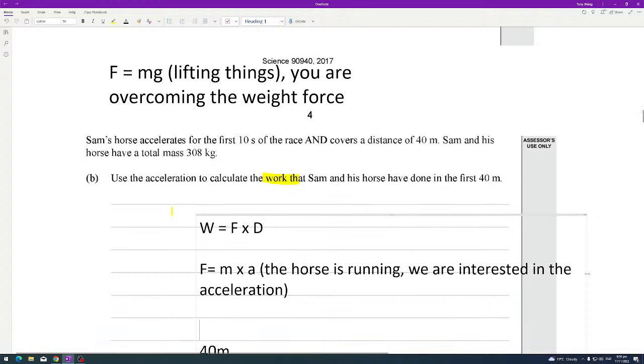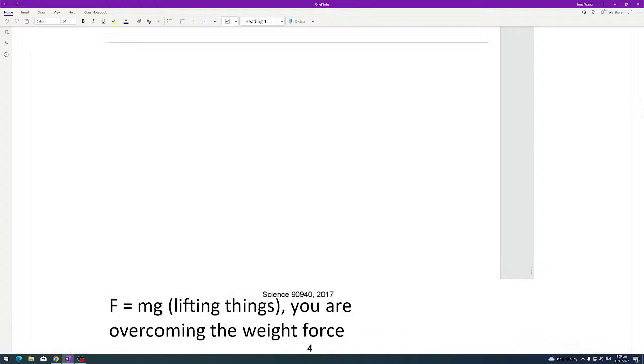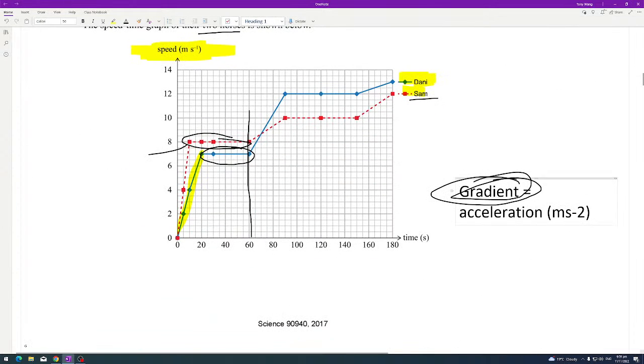So it's where it says 308 times 10. The horse accelerates for the first 10 seconds. I actually need to go to the graph. So where's the graph? First 10 seconds.